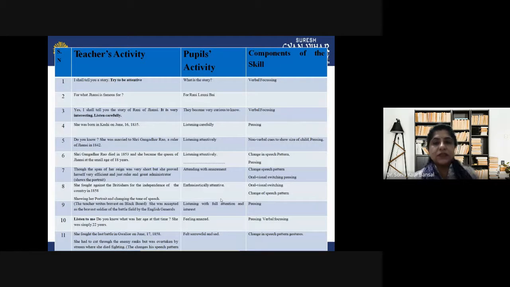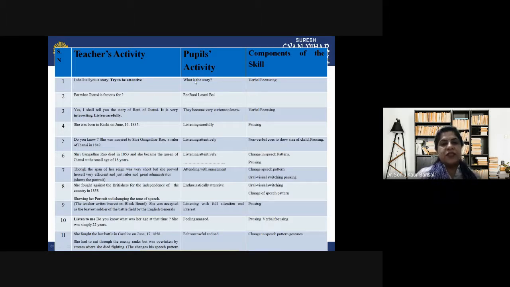Now see, this is the teacher's activity, pupil's activity, and the components of the stimulus variation skill which are actually being used in the classroom. So I shall tell you a story. Try to be attentive. When the teacher says try to be attentive, it means verbal focusing is being used in the classroom.